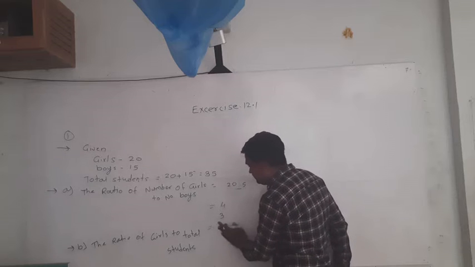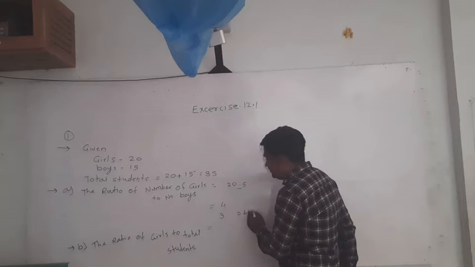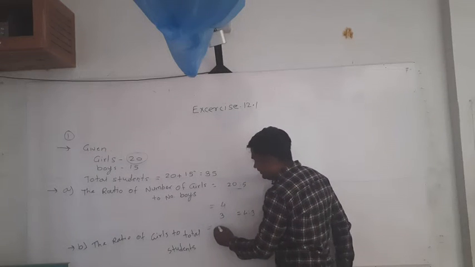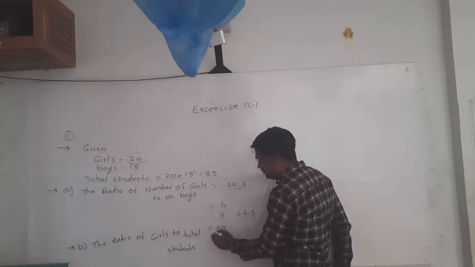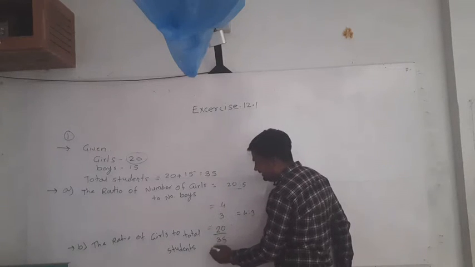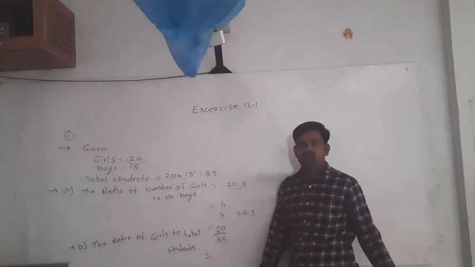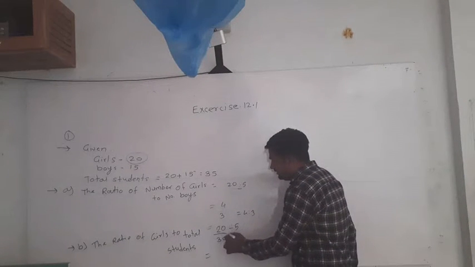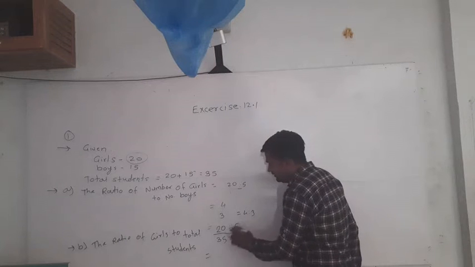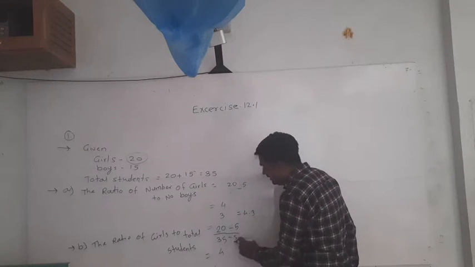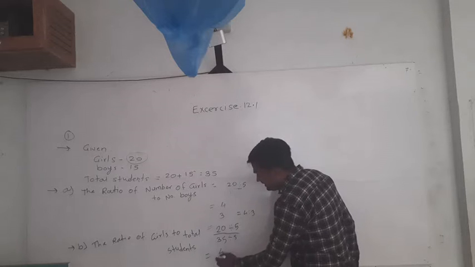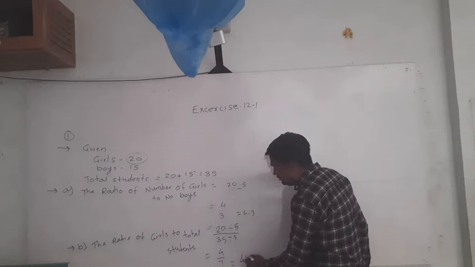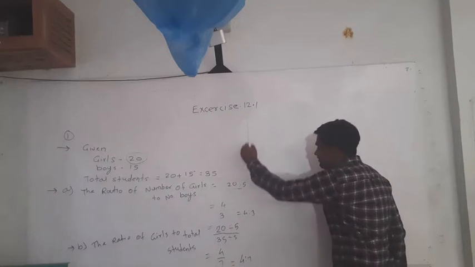So we know that how many girls are there? Girls 20. How many total students are there? 35. In which table are both numbers? 5 table for both. So you can divide by 5. 5 4s are 20. 5 7s are 35. So what is the answer? 4 is to 7. This is the answer of the first question.